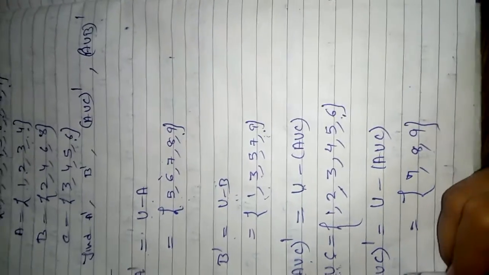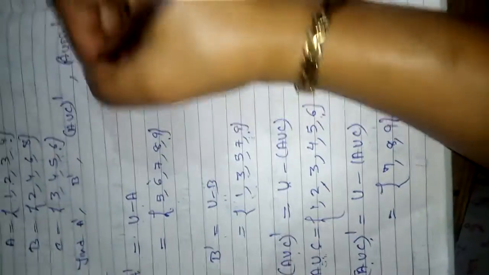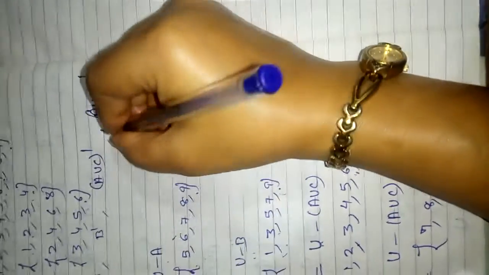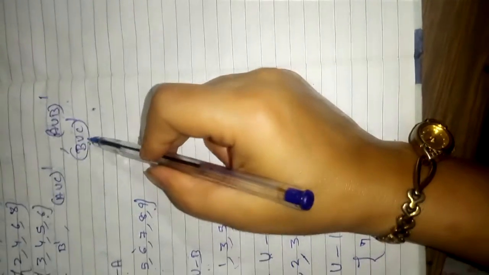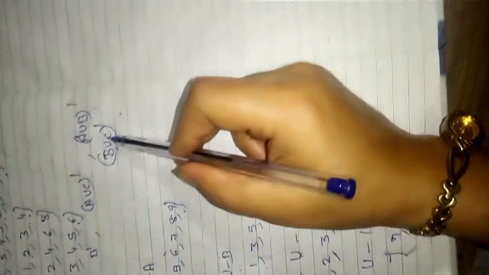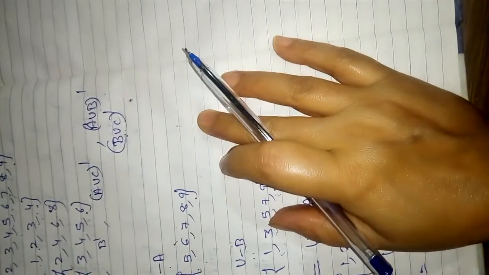By this method you can find out (A union C) whole dash, or if they are asking (B union C) whole dash, it means first of all you have to find B union C, then U minus (B union C). By this method you can solve all the parts of this first question and the second also.